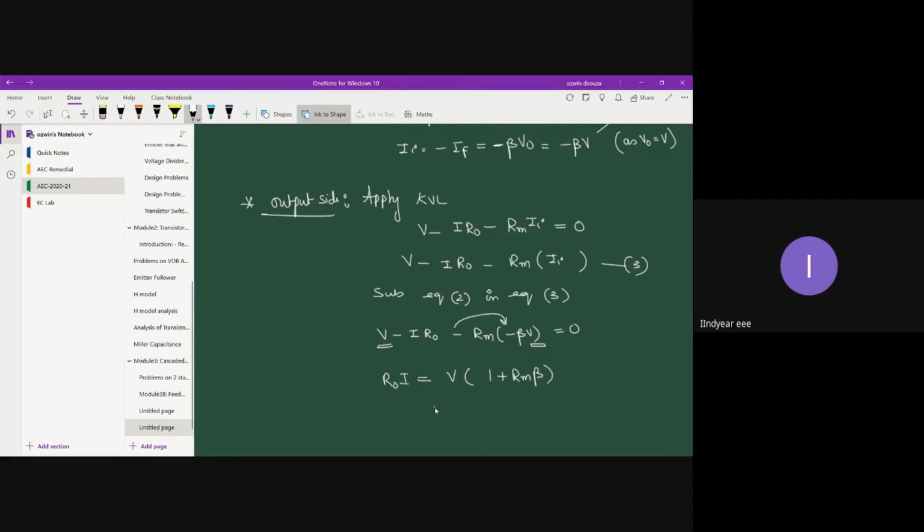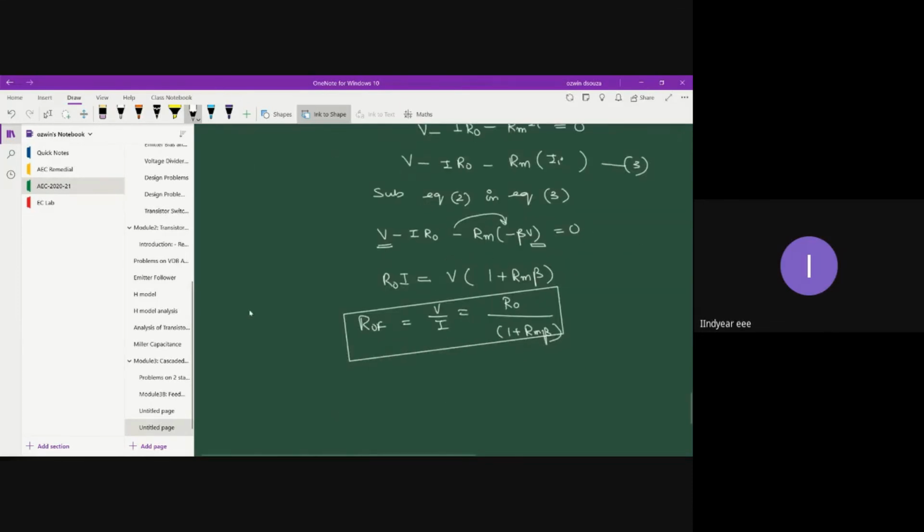Or you can take out the ratio V by I. So when you take out the ratio V by I, you will get R naught divided by 1 plus Rm into beta. Let us take it as R naught here.